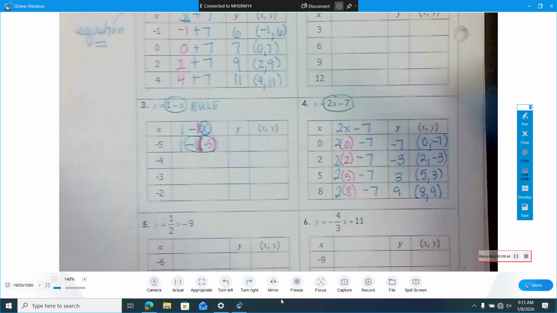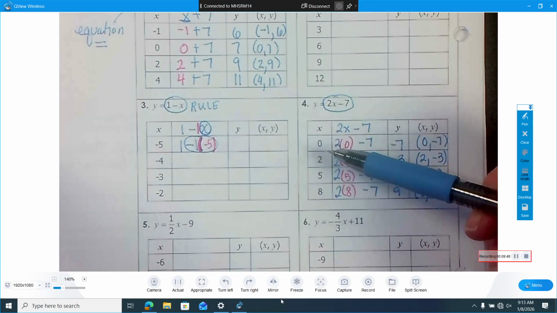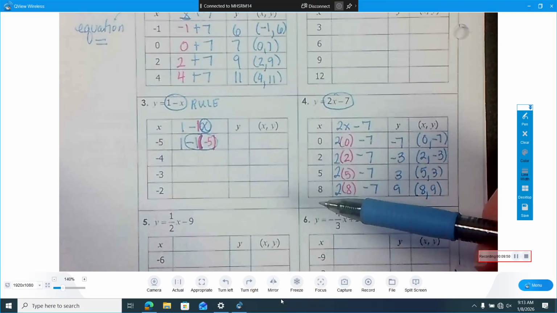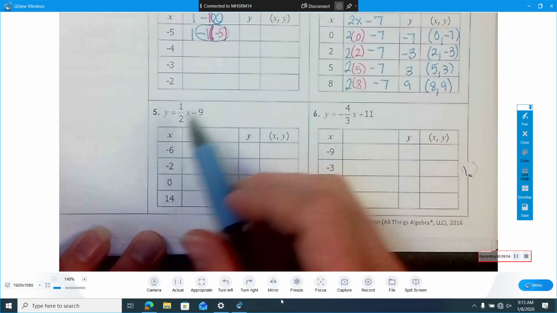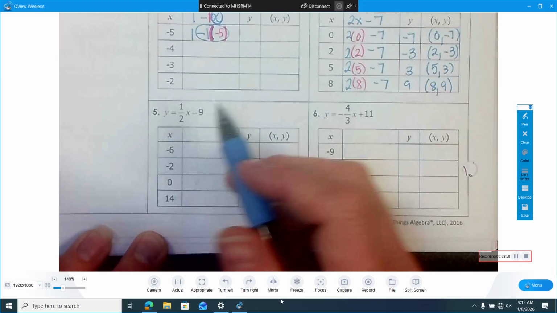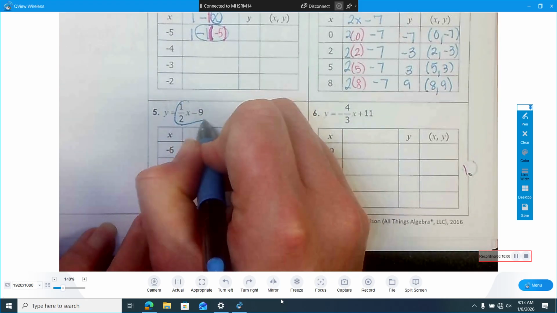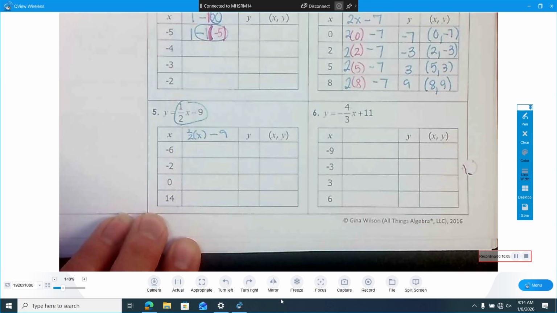All right. We chose many different values for x. And we can really choose anything we want, okay? But there are some very special numbers that you can choose if you have fractions. And so this is a great one here. Here's our little rule. 1/2 of x. Half of x minus 9 is our little rule.